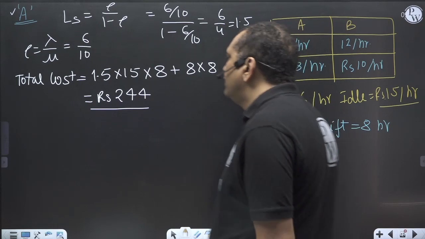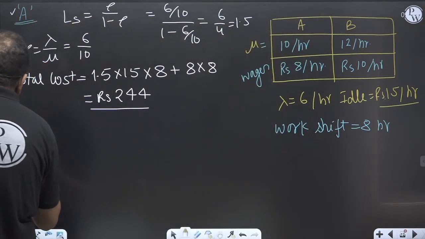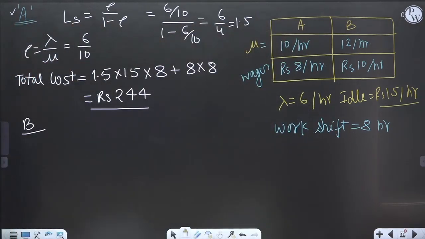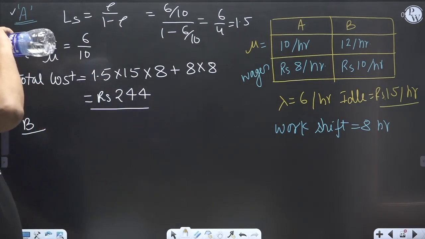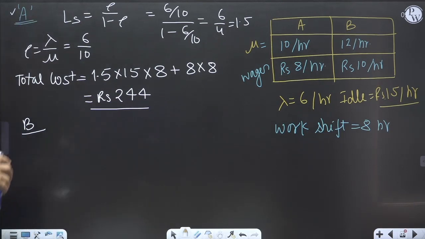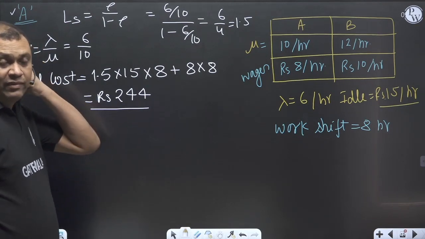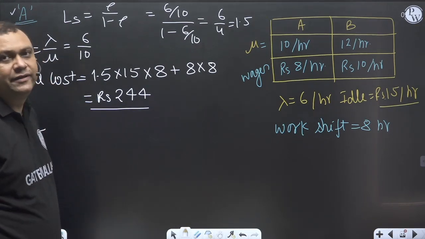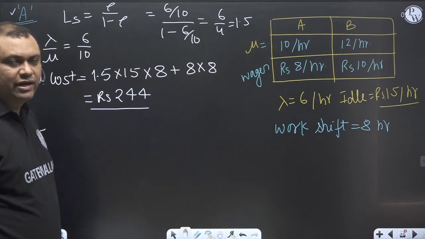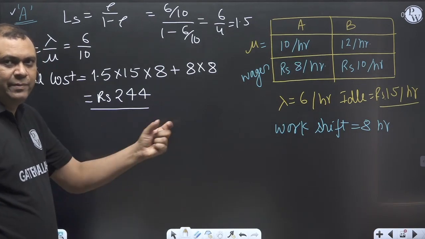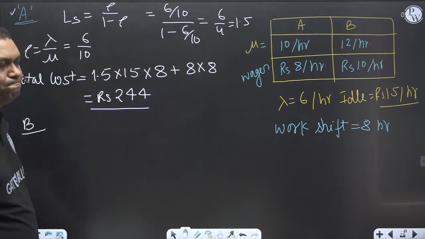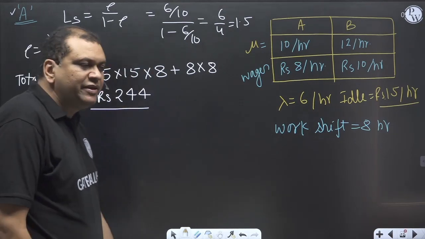Same thing, if I am hiring repairman B, how much money will go from my pocket? Of course, I'm assuming that all of you have pen and paper ready, so all these questions you are also solving along with me.